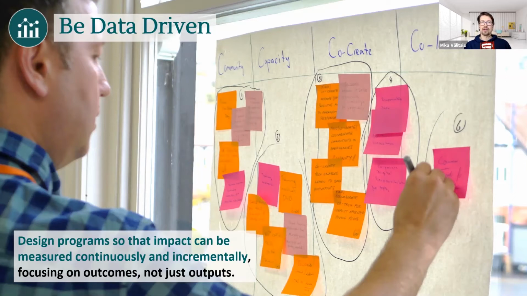Are we on the right track? Should we change something? So this cycle gets much quicker, and there's much more ownership than when externalizing it. And this allows the organization to be more data-driven, basing its decisions and the design on actual results.